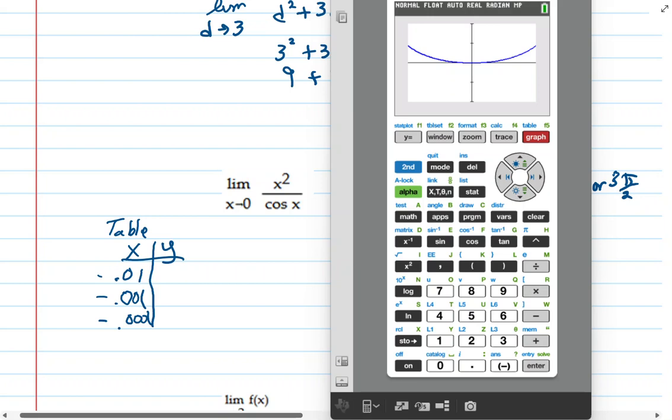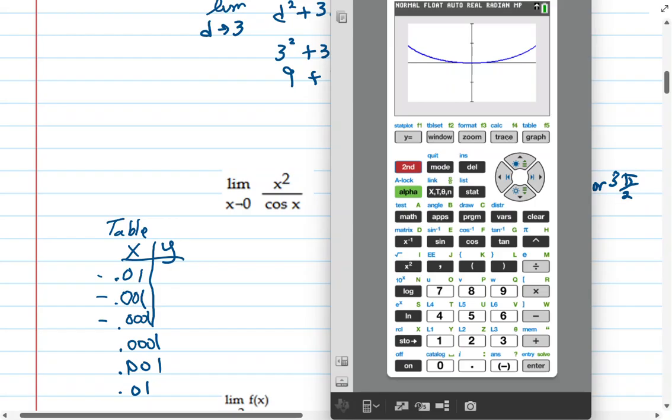And I have it backwards, but that's okay. And then I'm going to have positive 0.0001, 0.001, and 0.01. Okay.